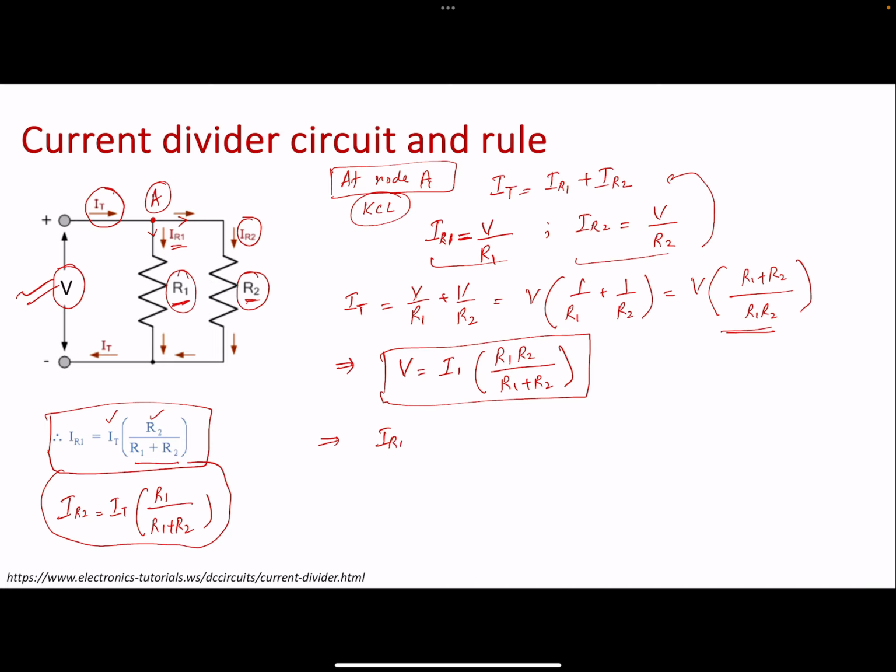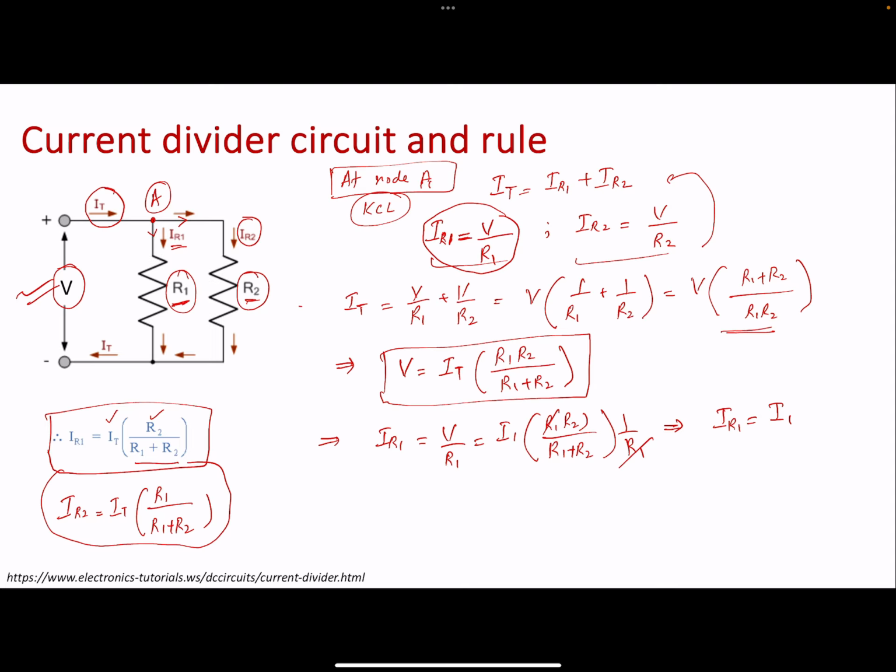IR1 again equals V over R1. You already know the value of V, which is IT times R1 R2 over R1 plus R2, divided by R1, so the R1 cancels. Sorry, this is not I1, this is IT.